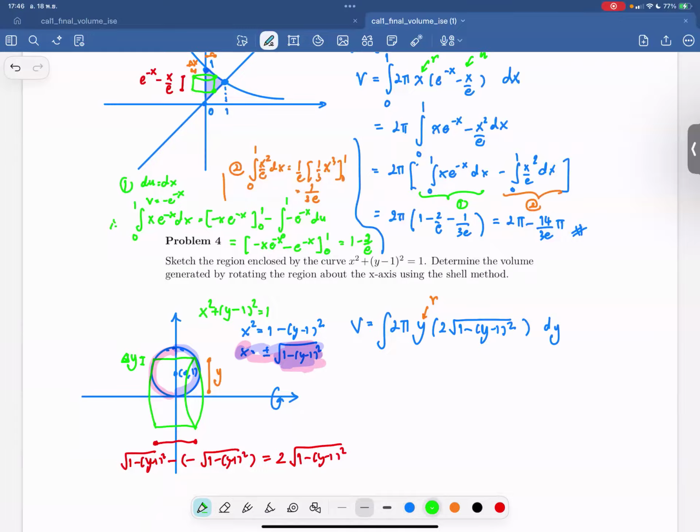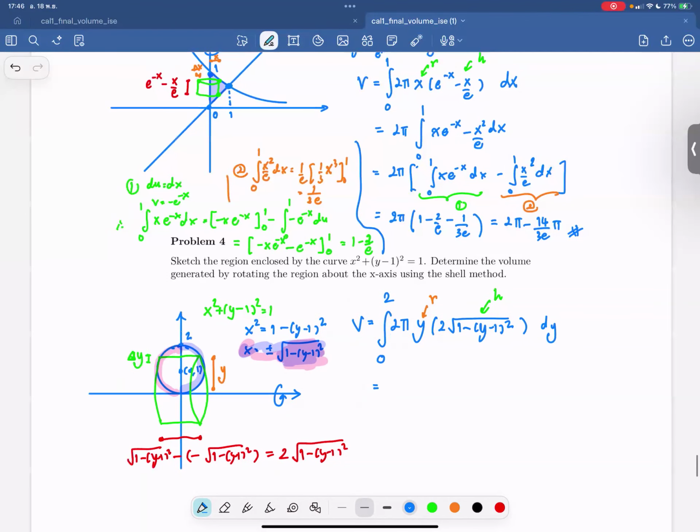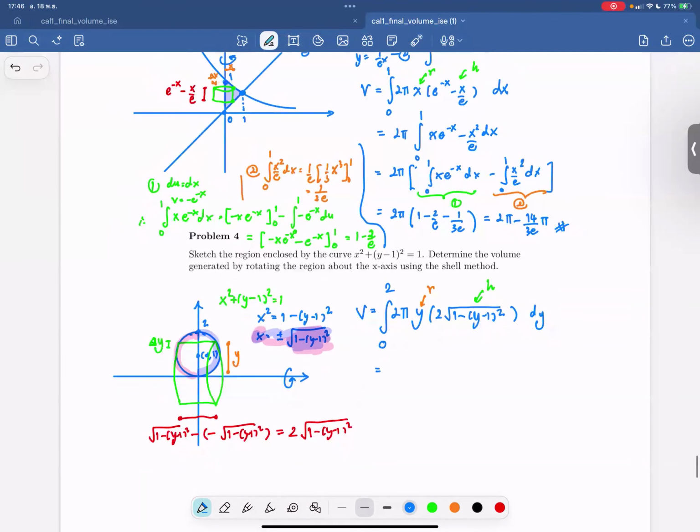And the boundary of the integral should be the value of y, so it should be 0 to 2. Next you need the basic calculation.